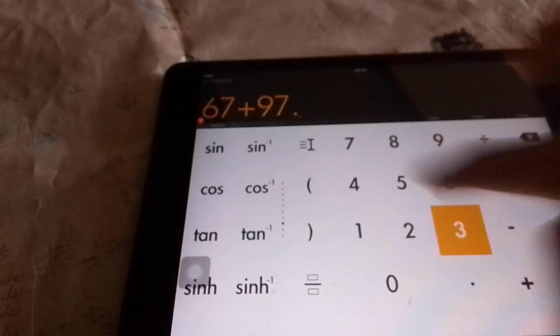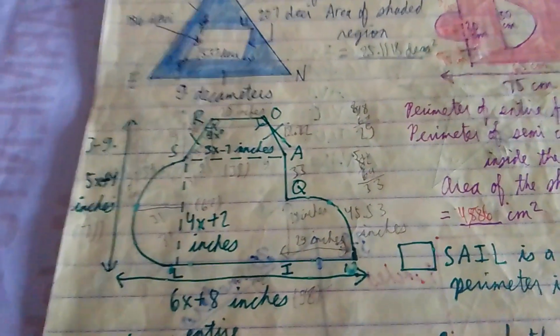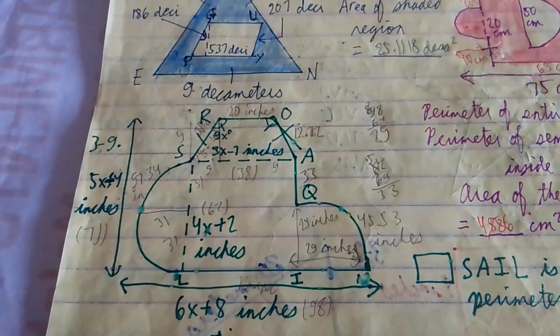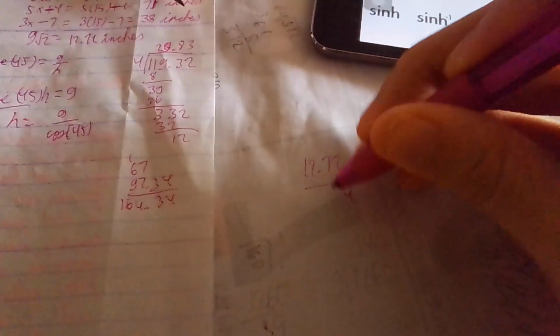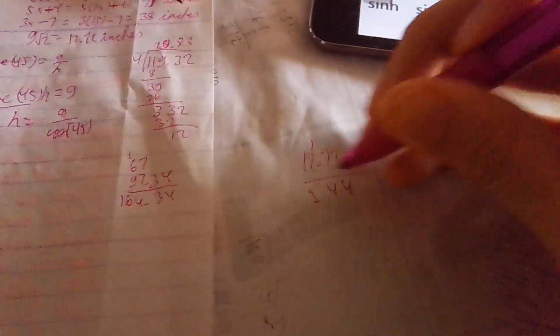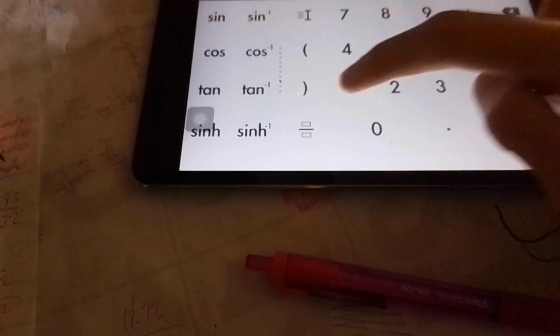That's 164.34. Yes, very good. Third is 9 times the square root of 2. That's 12.72, and 12.72 times 2 is 25.44. Am I correct?